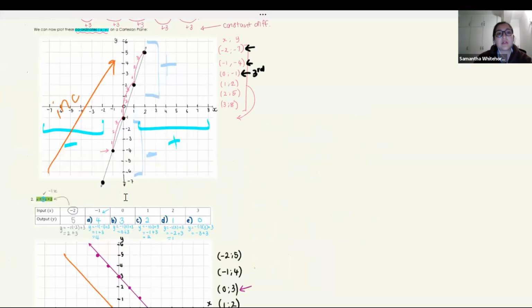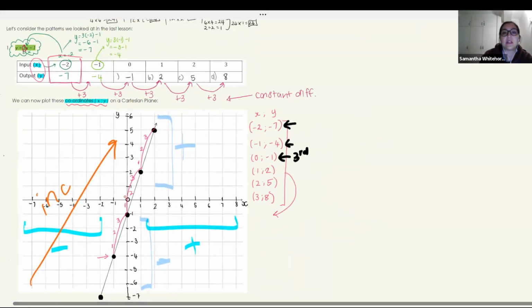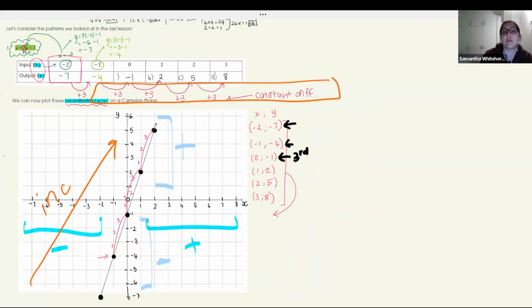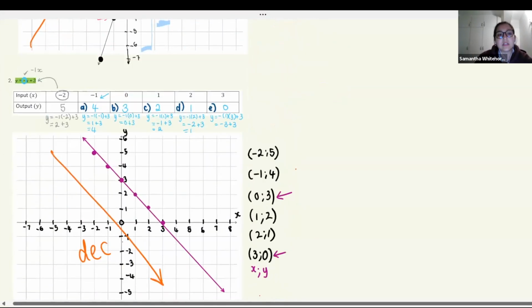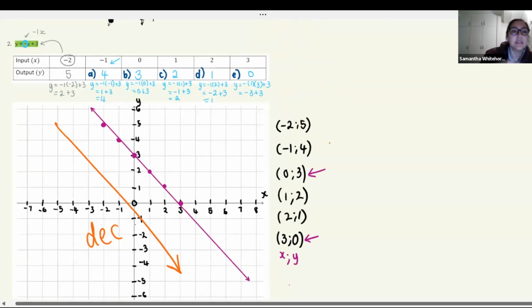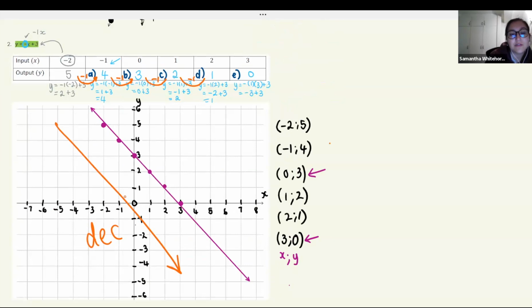So if we go back to graph A, we spoke about the fact that the constant difference we had was we were adding 3 each time. If we have a look now at this example B and we look at what our pattern is, we can see that we're subtracting 1 each time. Because that constant difference is negative, so I'm just going to write it here, our constant difference is a -1.